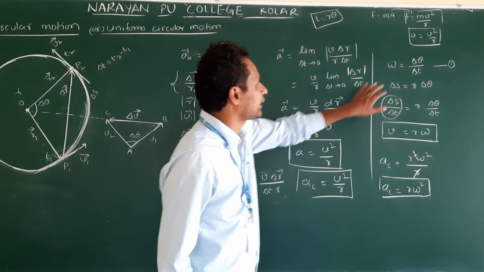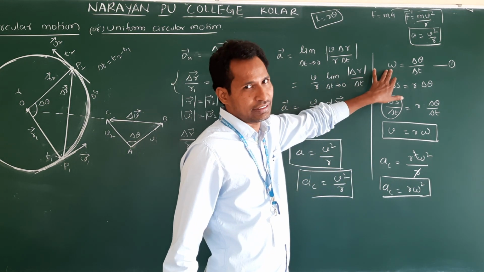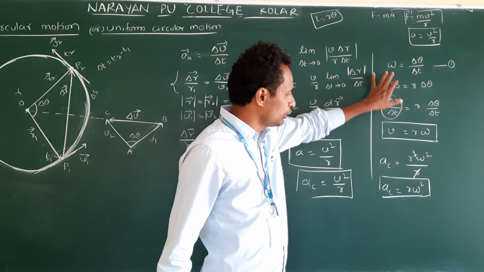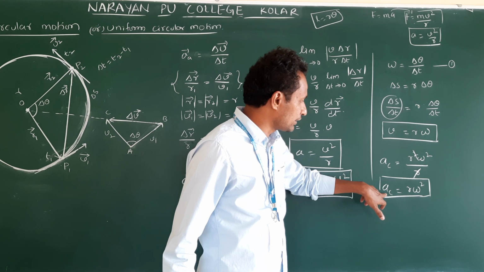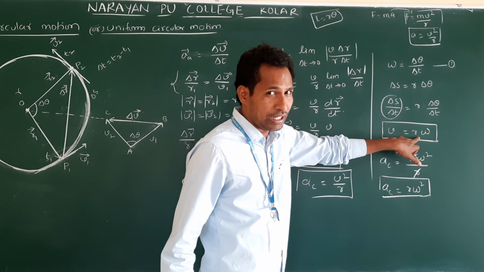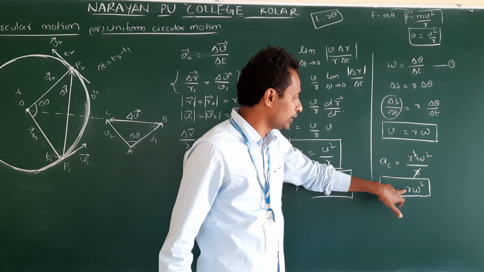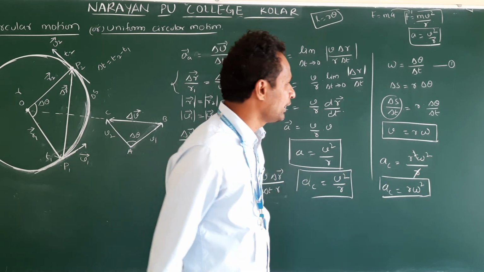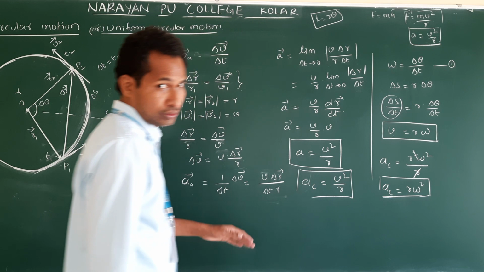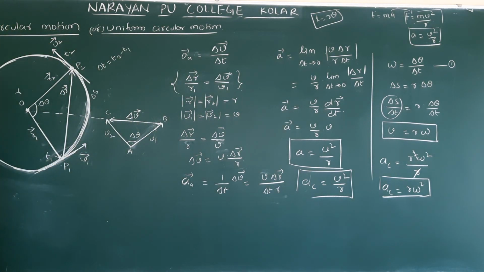Omega is called angular velocity. Understand? And we have one more formula.